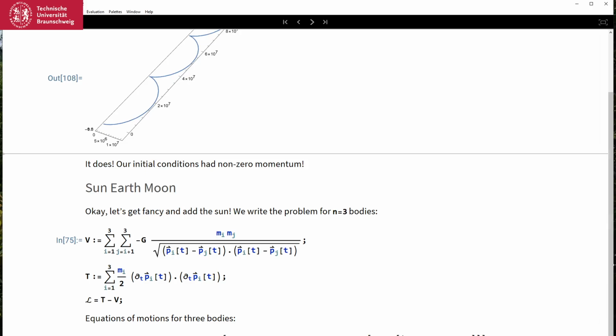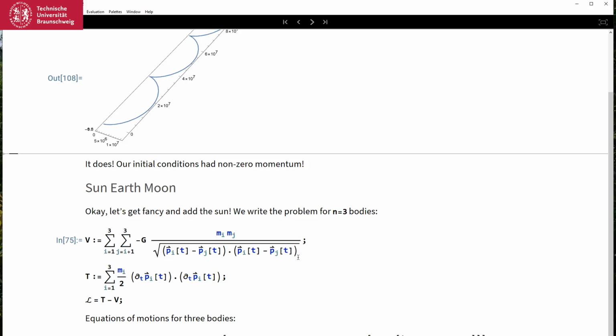And this we can now do like this. So we have the potential energy, and we need to build our pairs of bodies.